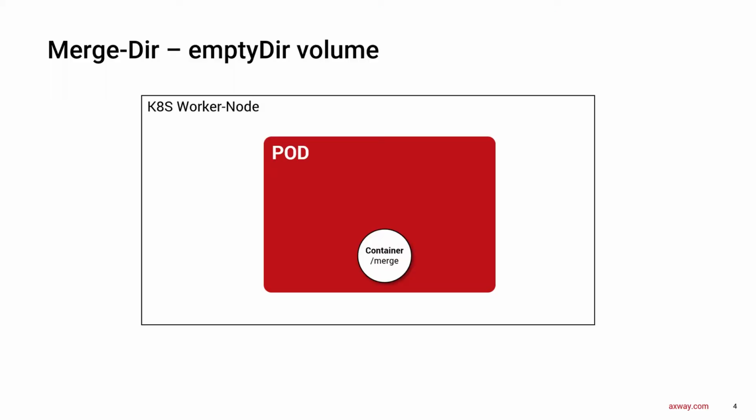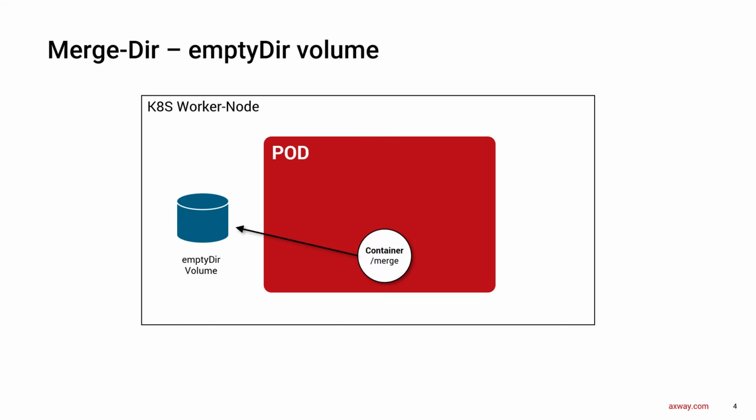So now we know that we finally need to have the container up and running and the merge folder in place, and that merge folder needs to contain, for instance, our federated entity store. And instead of using a classical persistent volume, we are using an emptyDir volume. And an emptyDir volume is just a created directory on the Kubernetes worker node, which is by default, when it is created, empty.